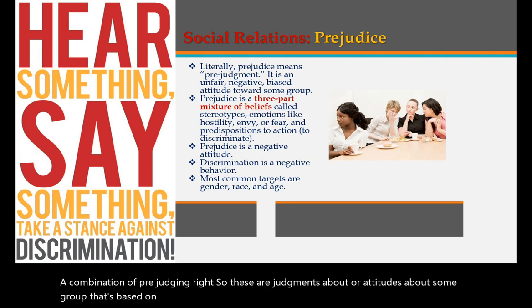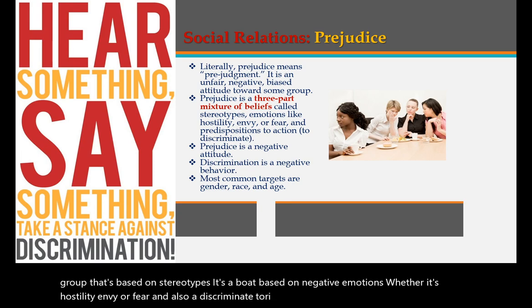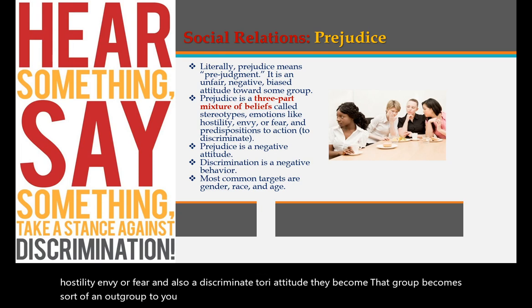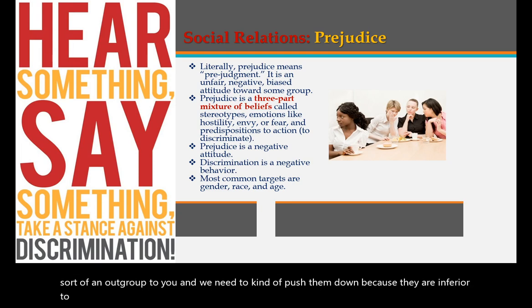It's based on negative emotions, whether it's hostility, envy, or fear, and also a discriminatory attitude. That group becomes sort of an outgroup to you, and we need to push them down because they are inferior to our superiority. Okay, so those three parts are important.